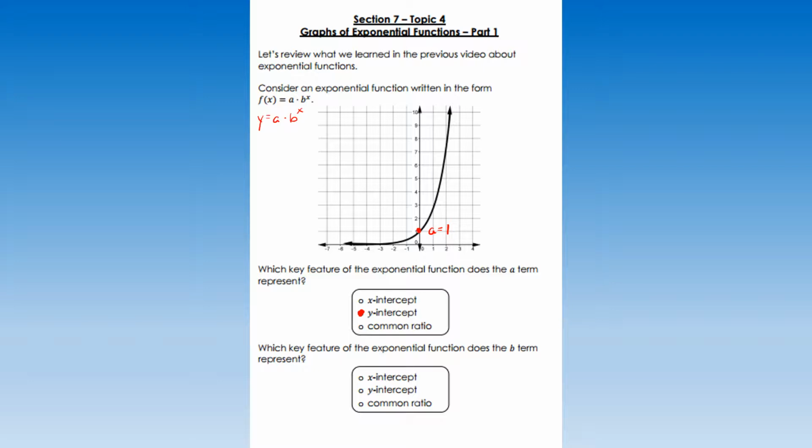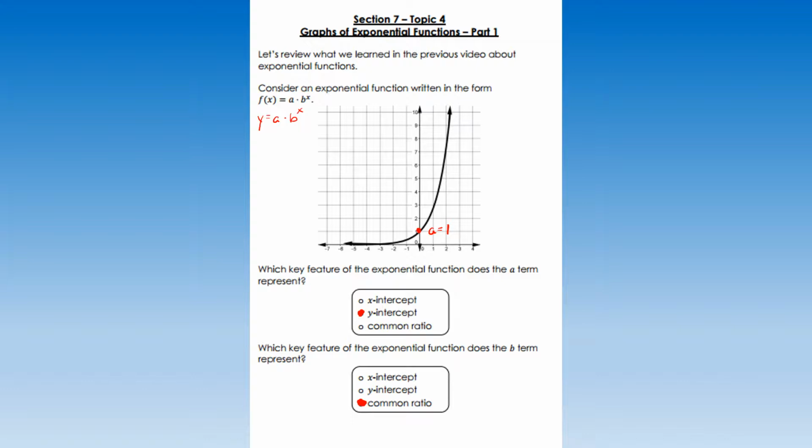Now, which key feature of the exponential function does the b term represent? So b to the x, the b represents what? Right, so hopefully you remember that the b represents the common ratio or the common factor. How is the y value increasing or decreasing every time we move over 1 on x?